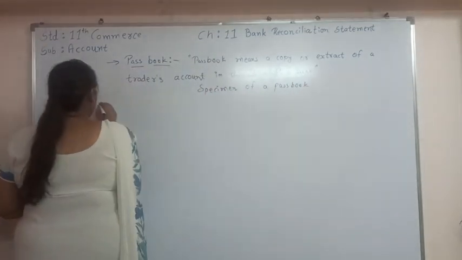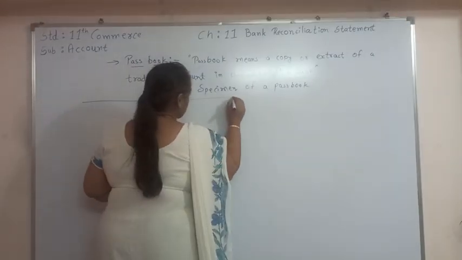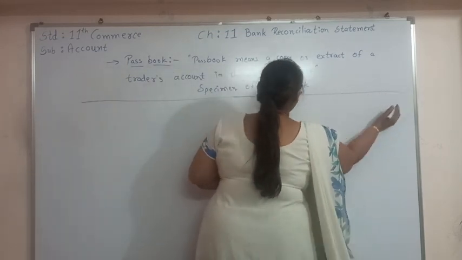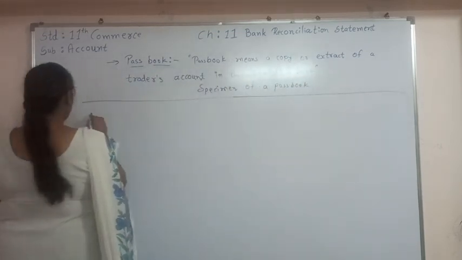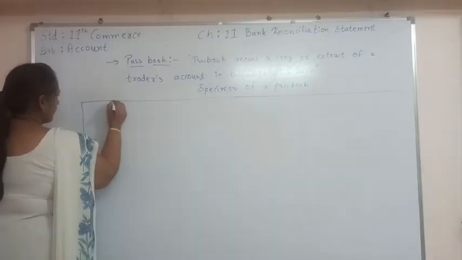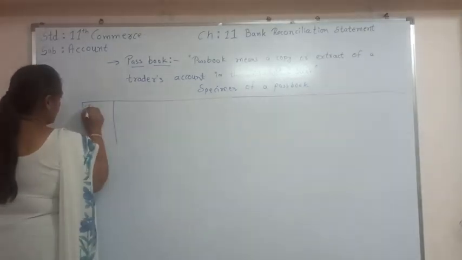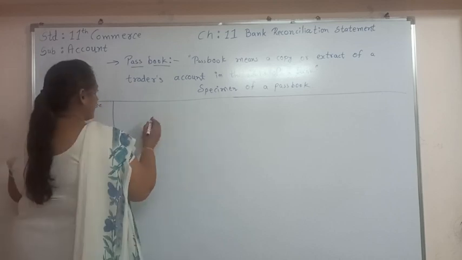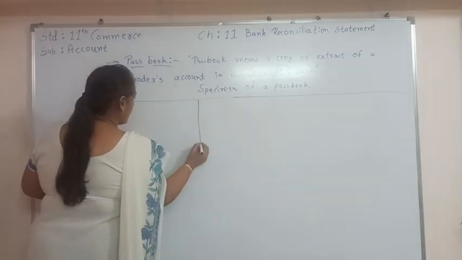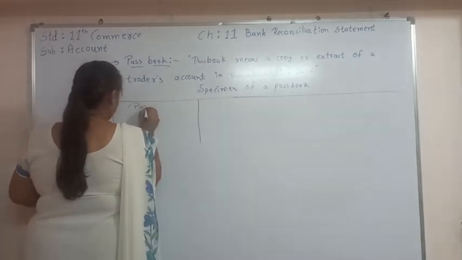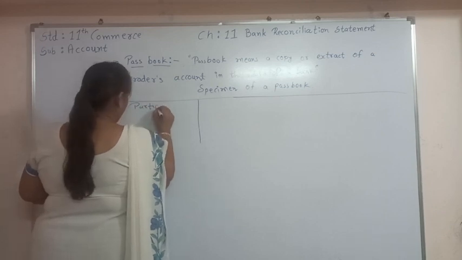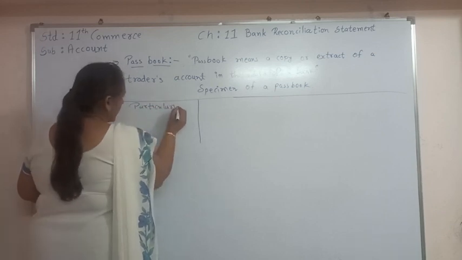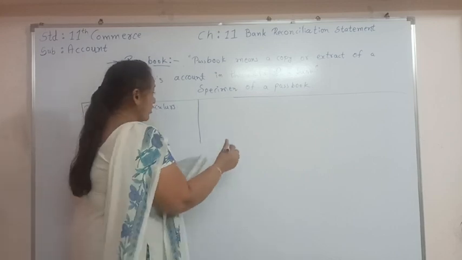So here, as we discussed, very first column is a date. Then the other column is particulars, where we have to write the particulars about the deposit or withdrawal.